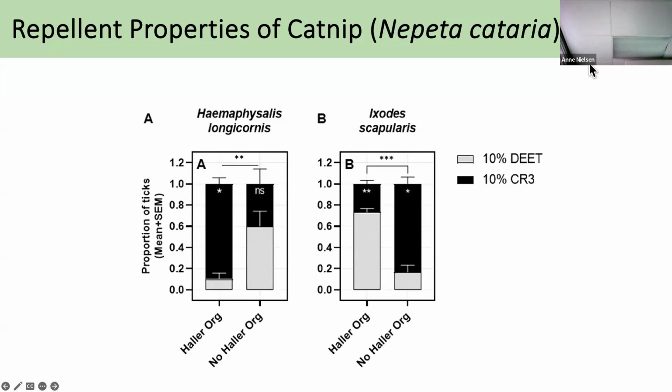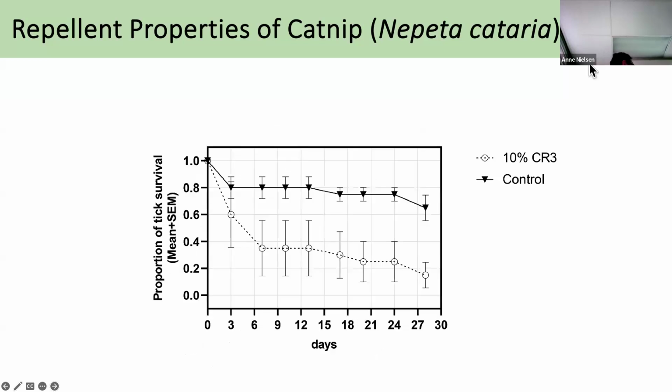So there might be significant difference in how Ixodes scapularis and Haemaphysalis longicornis detect these repellents, and we're interested in understanding that better and looking into maybe olfactory signatures in these ticks associated with repellency, and how that happens particularly in Ixodes scapularis.